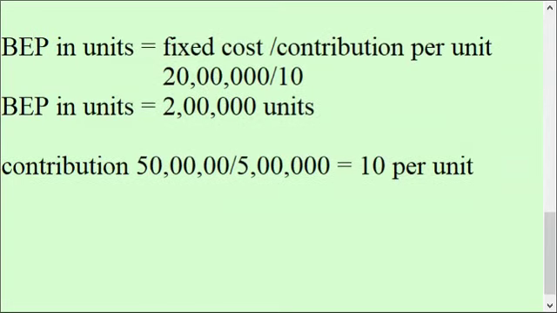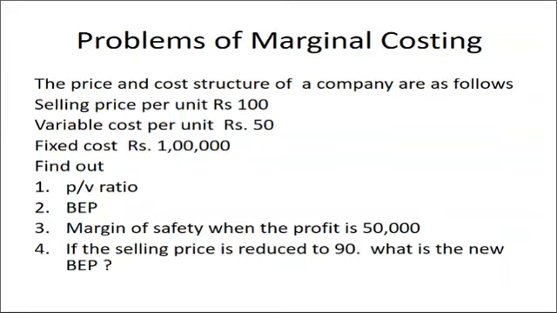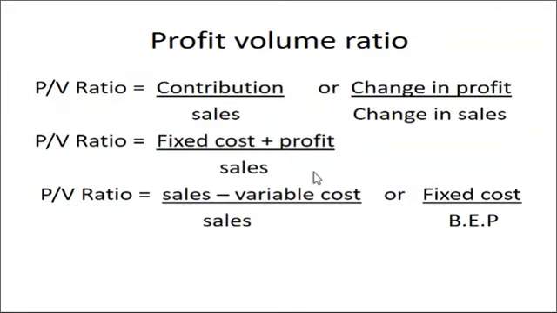Okay, so here PV ratio is equal to contribution, not contribution. We will check it up. Contribution they have not given in the problem. They have given sales and total cost. First let's check what formula we can use. Contribution divided by sales. Sales they have given, contribution we cannot find out. Fixed cost also they have not given.